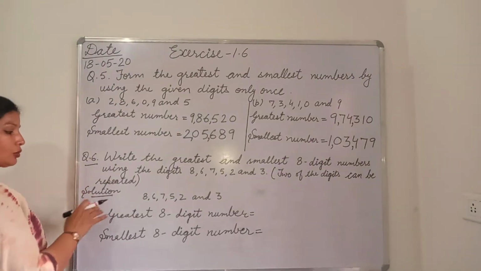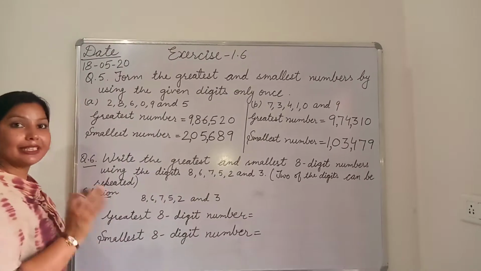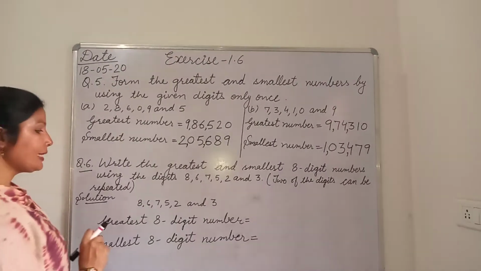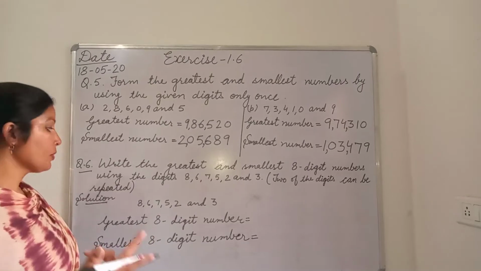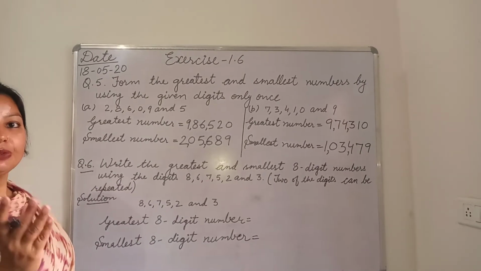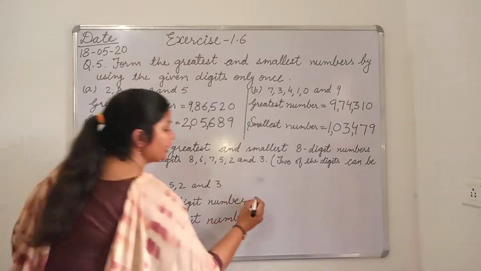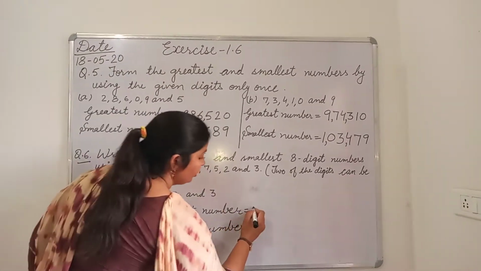Now we should start our solution. Okay. So greatest 8-digit number. For the greatest what do we do? We should repeat the greatest digit. So which is the greatest here? 8. That means 2 times we require repetition. So for that we should repeat 8 two more times. Okay. So we should write here greatest 8-digit number.